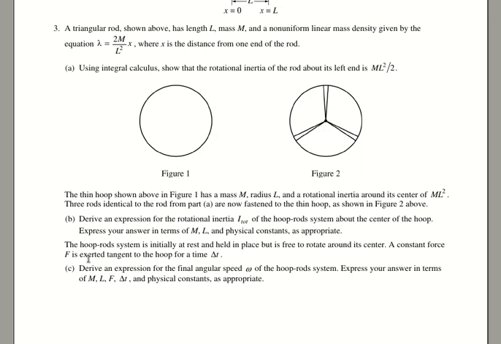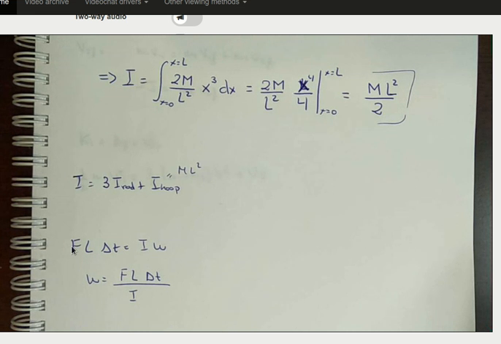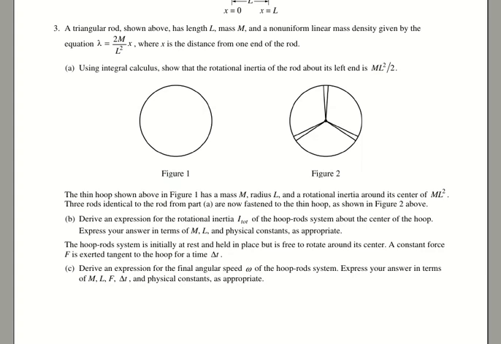They also ask to derive an expression for the final angular speed using all these variables. You just have the torque times the time, which is equal to the rotational inertia times the angular frequency. So this is what you get at the end. This is how you do this kind of problem.